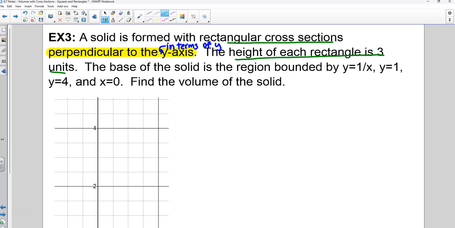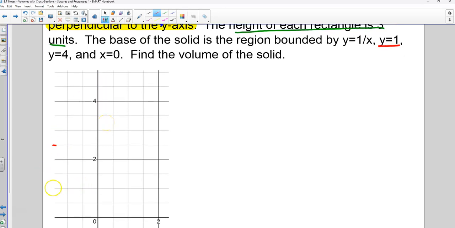But first let's graph. So I like to graph my straight lines first. Y equals 1, what type of line is that? Horizontal. It's so easy to get those mixed up, and it can be the end of you on doing these problems. So y equals is horizontal. Here's 1.